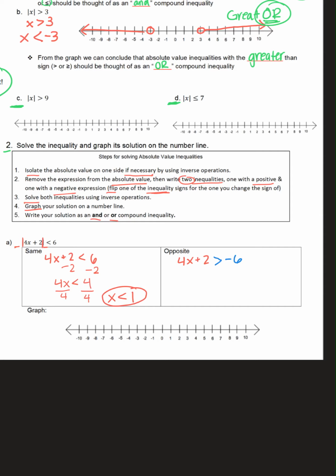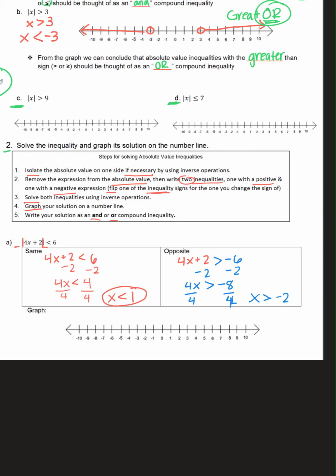Then on the right, same steps, just different side. I'm going to subtract 2. I get 4x is greater than, if I owe you 6 and I owe you 2 more, I owe you 8, so negative 8. Divide by 4 on either side. Oops, I slipped. X is greater than negative 2.